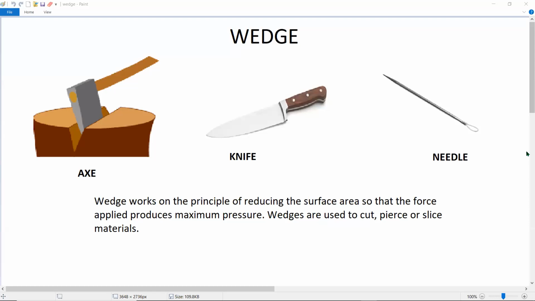Axe, knife, and needle are examples of wedge. Wedge works on the principle of reducing the surface area so that the force applied produces maximum pressure.